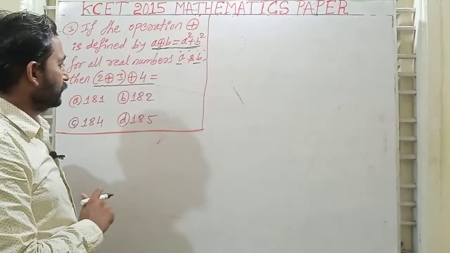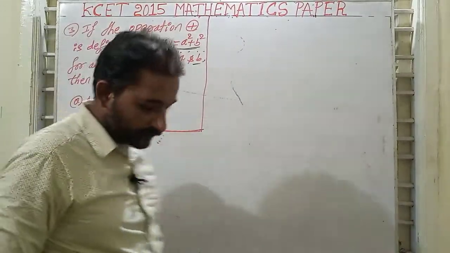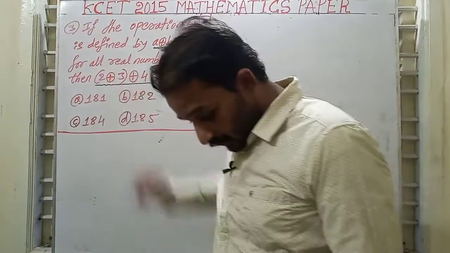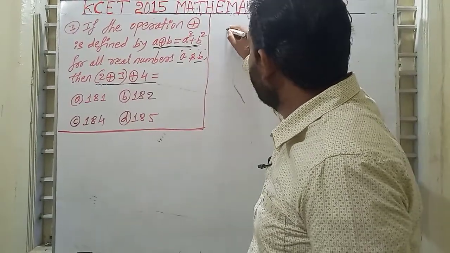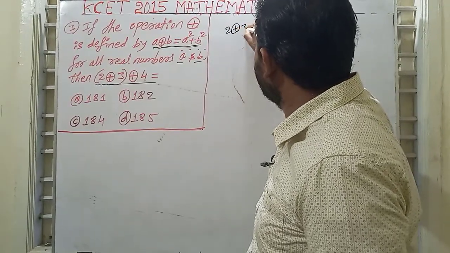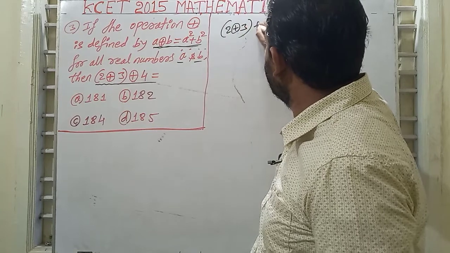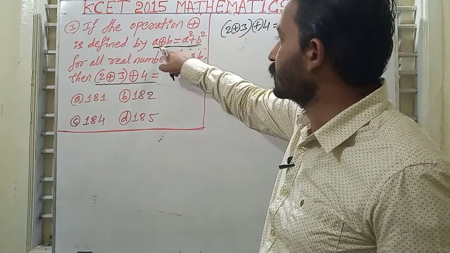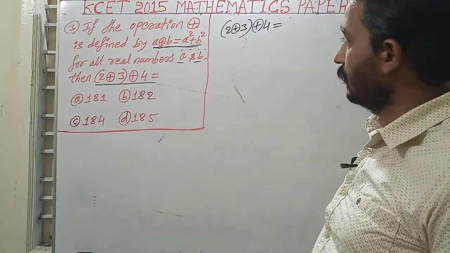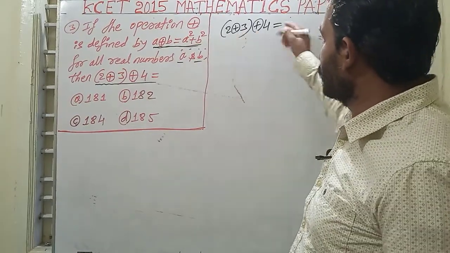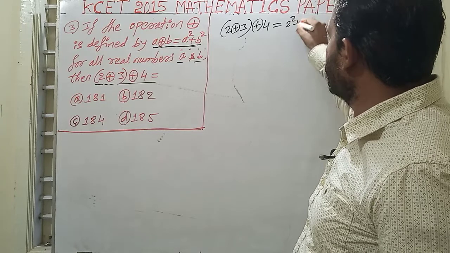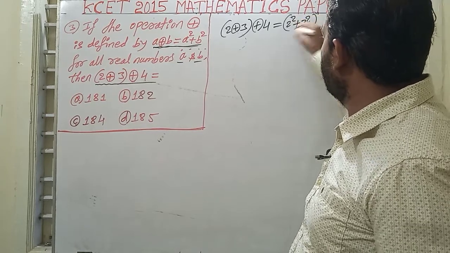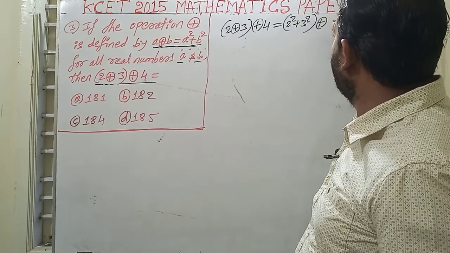Simple problem. So solve this problem. First we take what we have to find: 2 plus 3 plus 4 equal to. Solve the 2 plus 3 using the condition a plus b is equal to a square plus b square. So 2 plus 3 is nothing but 2 square plus 3 square, then plus 4.